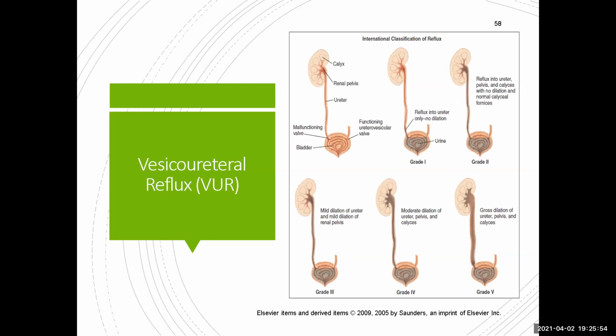And when the urine refluxes into the ureter, it goes up and then returns back to the bladder, which causes the bladder to have residual urine in it all the time, which increases the risk of bacteria growing.